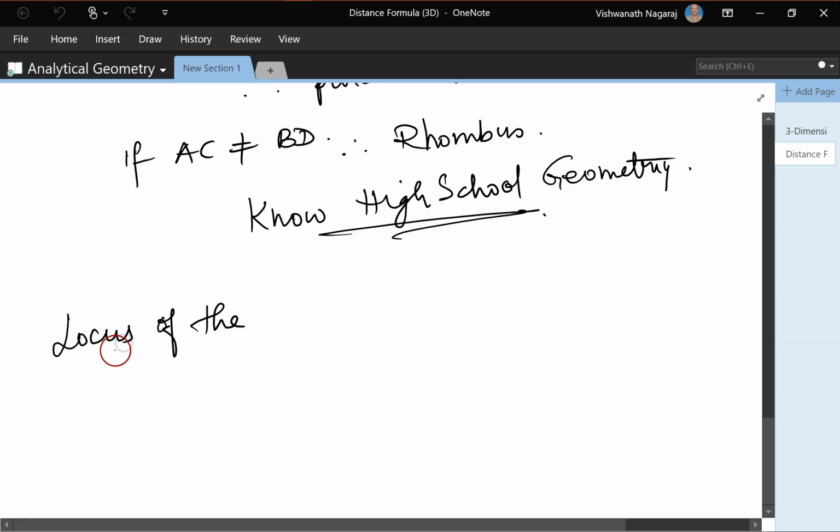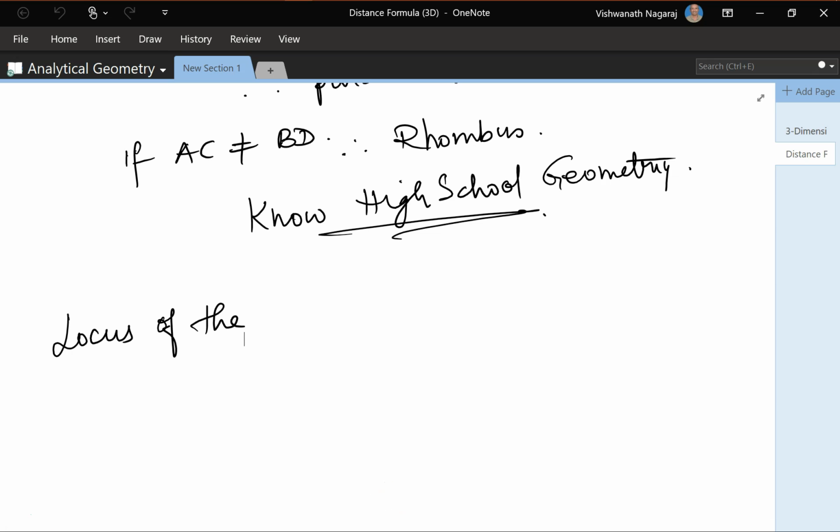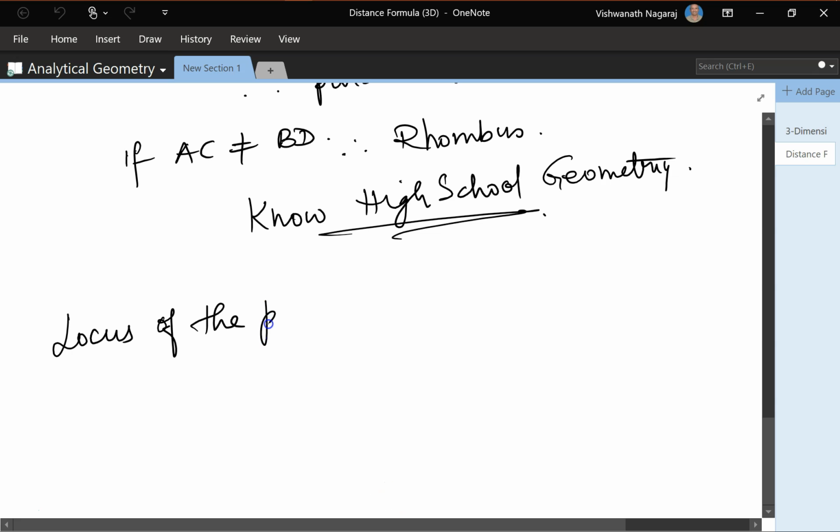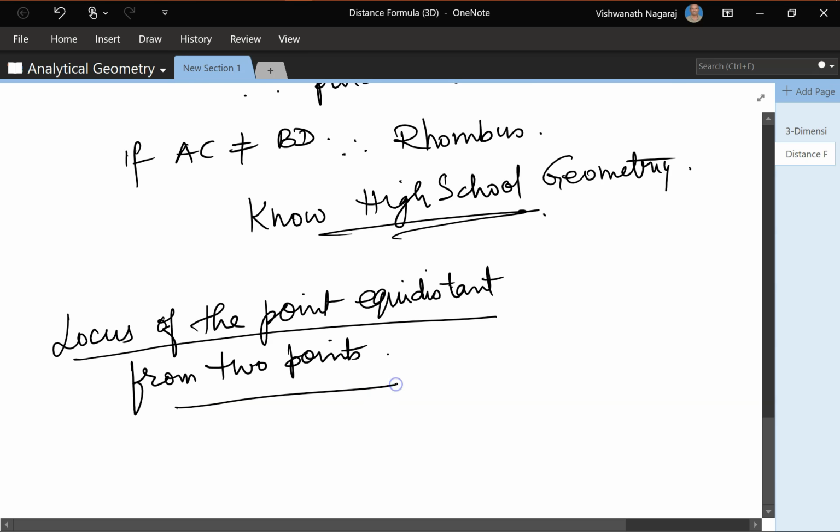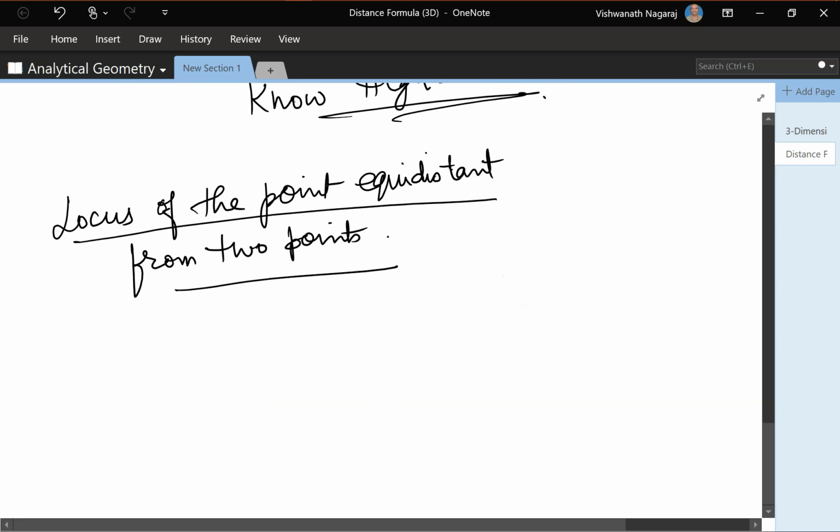Now let's look at locus, set of locations basically. Locus means set of locations of something. Locus of the point equidistant from 2 points, right? So let's look at this aspect.